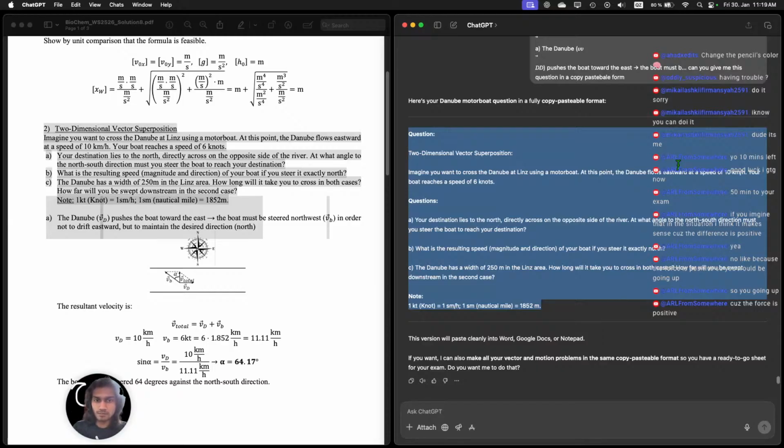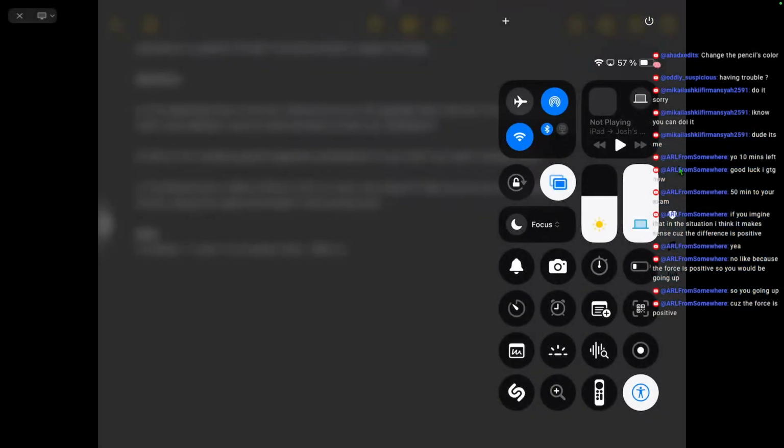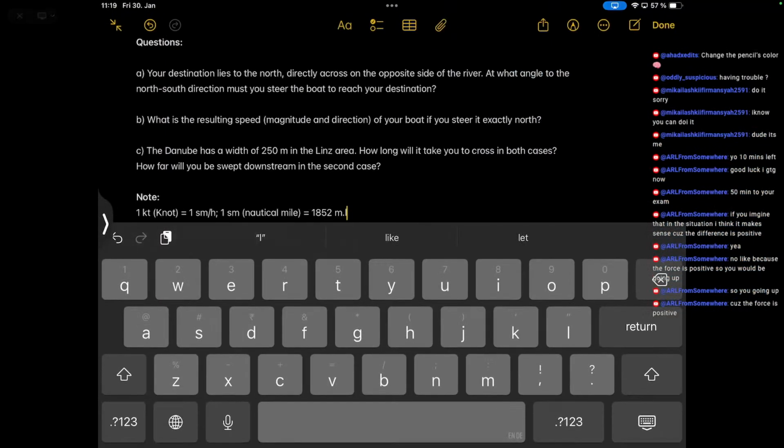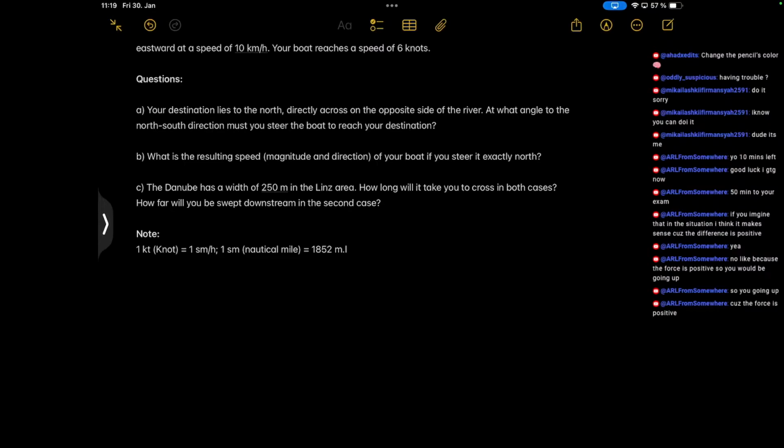Change the pencil color. Why? Why though? That's a new account. Also, I have to say, when I share my screen, I won't be able to see the chat, okay?